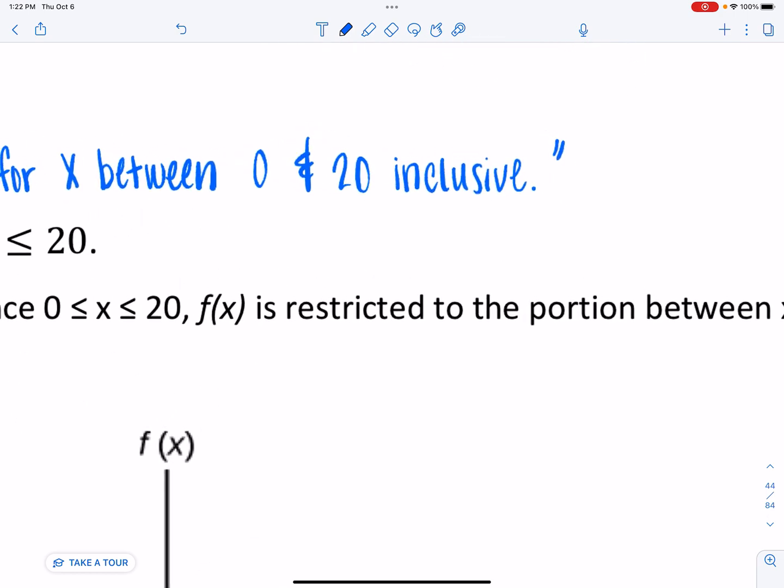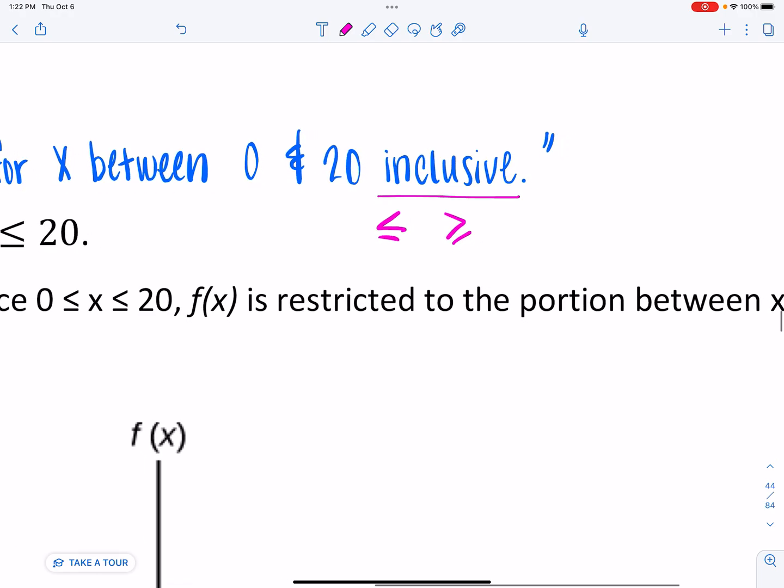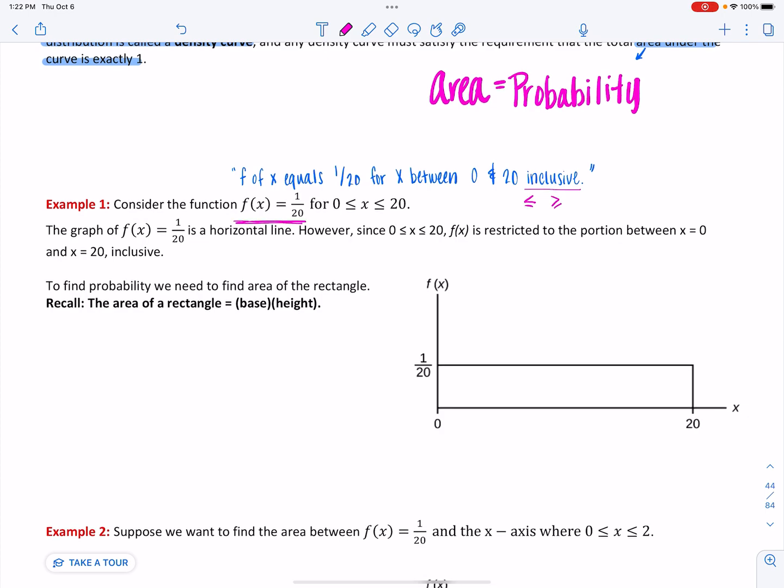When you say inclusive, that means you're using less than or equal to or greater than or equal to. The other thing we need to take a look at is what exactly this function is going to look like.